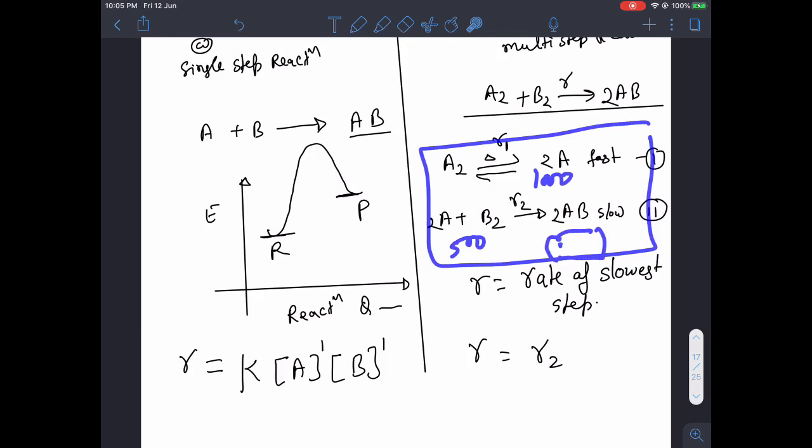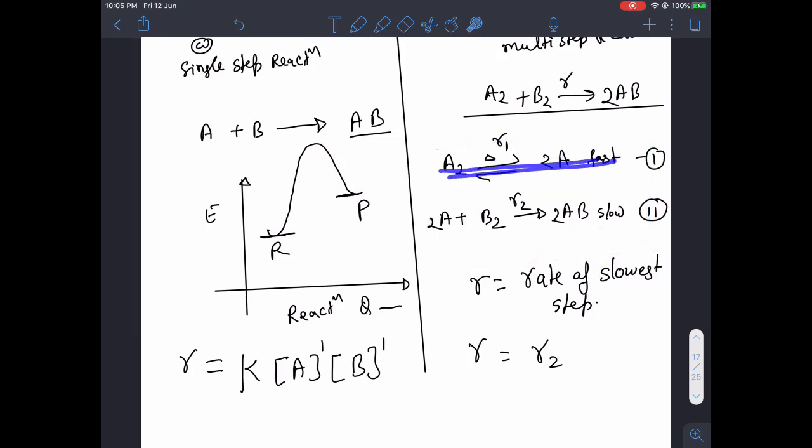We will be getting 500 only, not 1000, because no matter how much accumulation of A there is in the first step, if B is not utilizing all of it, the rate of that reaction will actually be equal to the rate of the slowest reaction. You can understand it in this way, guys.